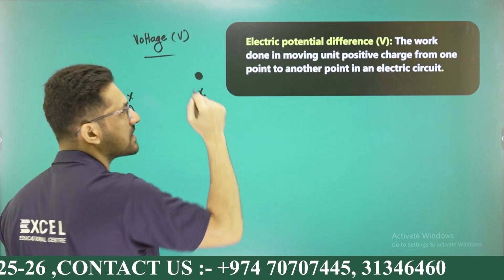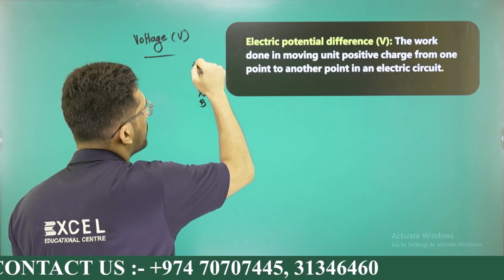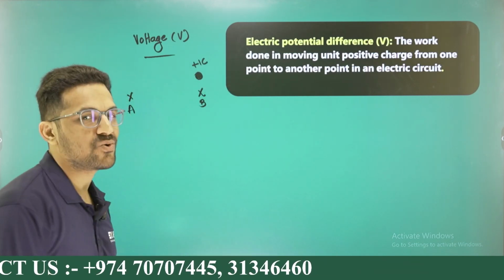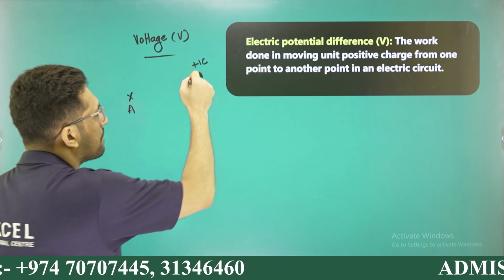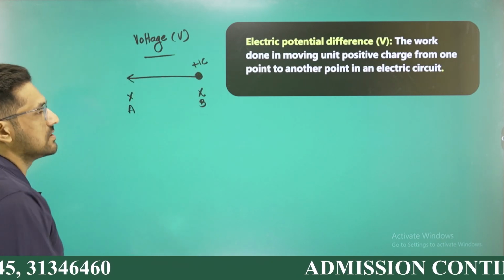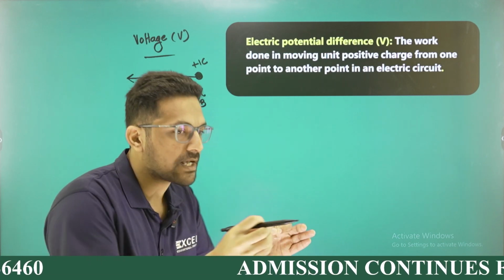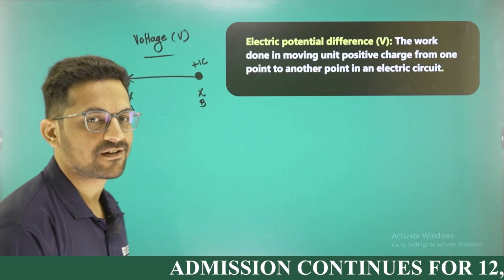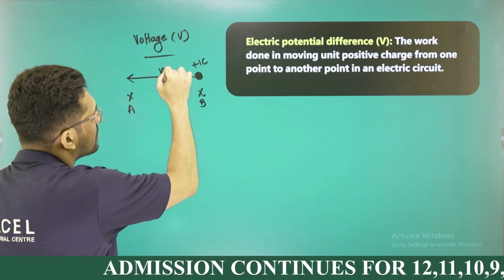What is unit charge? Unit charge is plus 1 coulomb. You are bringing that unit charge from one point to another point. If you are displacing something, you may have to do work there, right? You are doing work there.